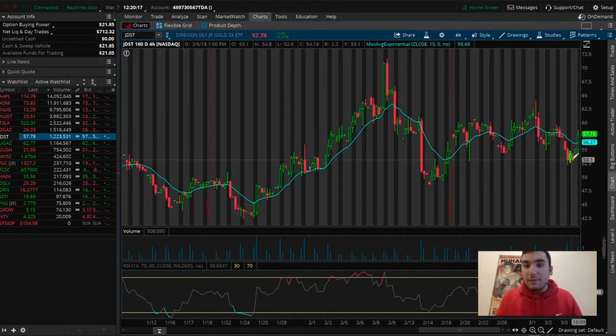It went back down to $54, $53, which acts as a decent support level, and the gold futures itself started to form that downtrend. Like I said, whenever gold futures /GC does poorly, JDST does well. So we saw that dip in gold futures, and then the sudden uptick in JDST.